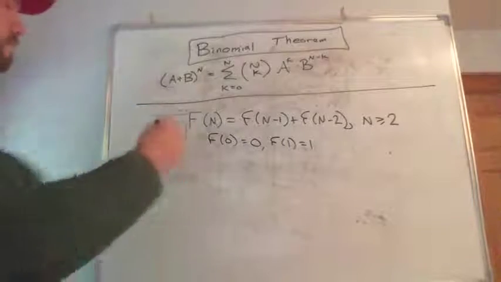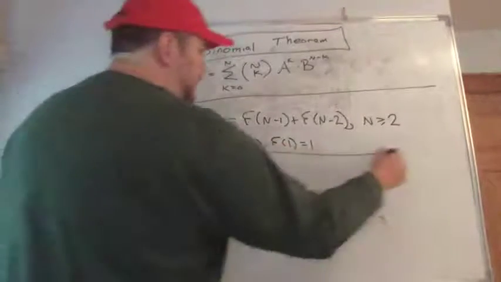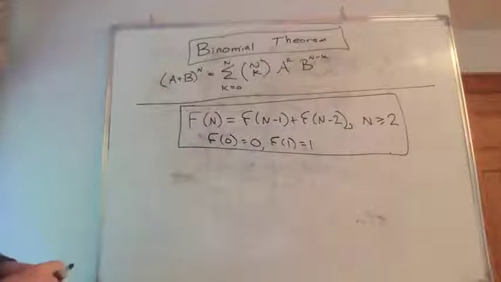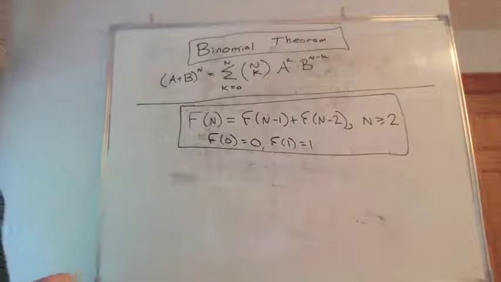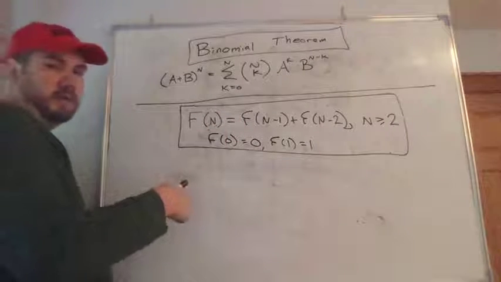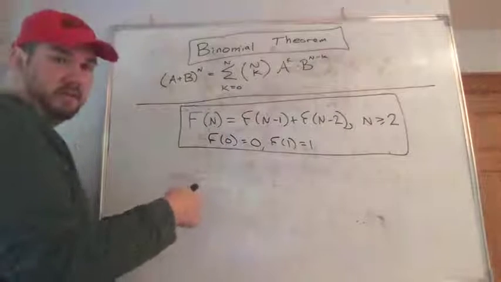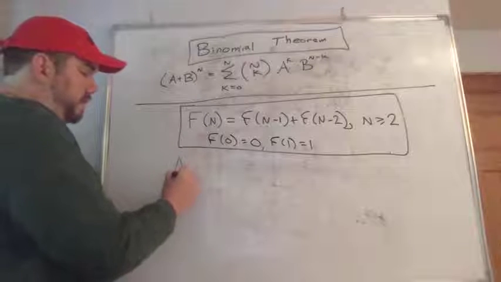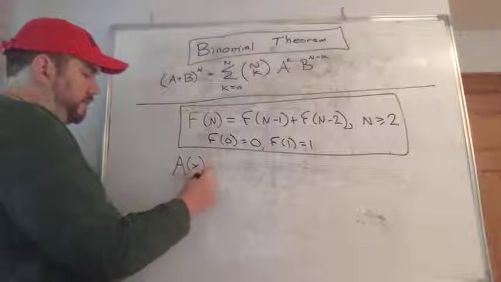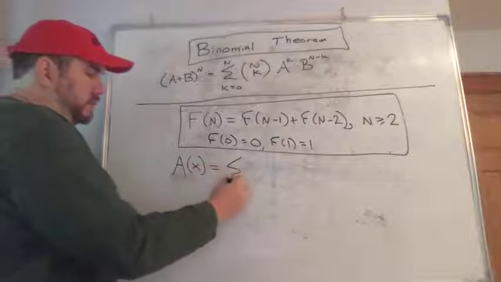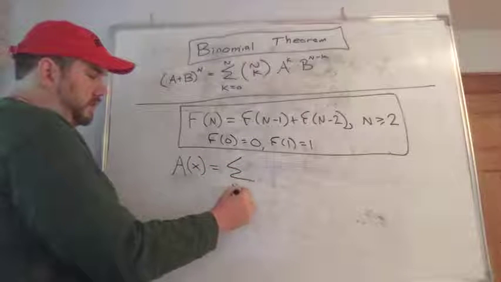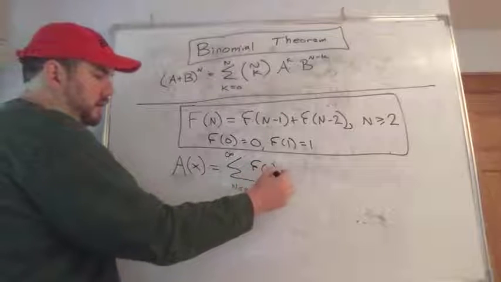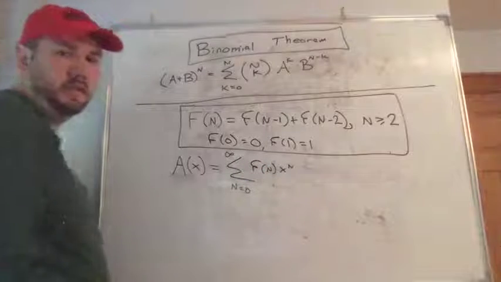Either way, what we're going to do now is find the generating function for the Fibonacci sequence. And so the trick is the same as before. I'm going to set up a function, A of x, which is going to be the sum from n equals 0 to infinity of f of n x to the n.